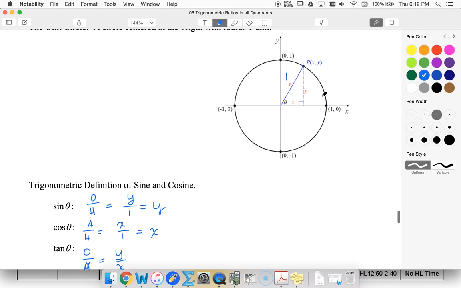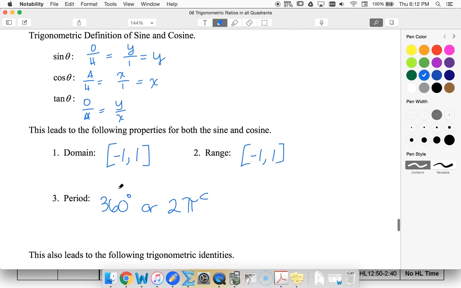So for my x values, I'll see this x value twice. Similarly, I'll see this y value twice. So it takes 360 to make a full rotation, but in that full rotation, you see each sine and cosine value twice.